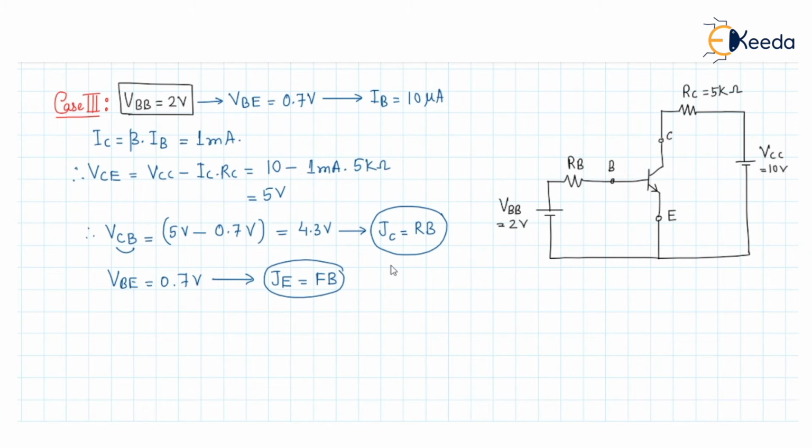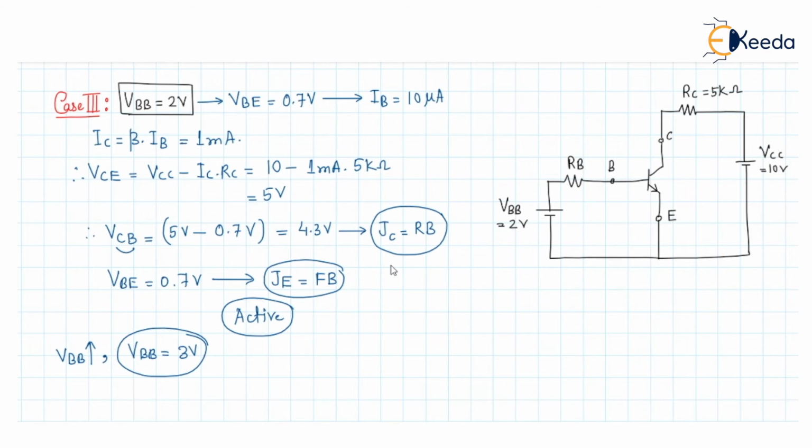Till now the transistor is in the active region of operation. Now if we still further increase this VBB, and if we give the VBB voltage as 3 volt, let us see what will happen.